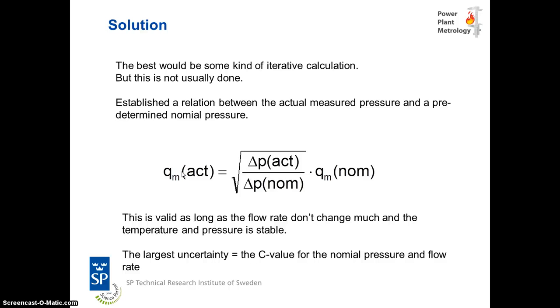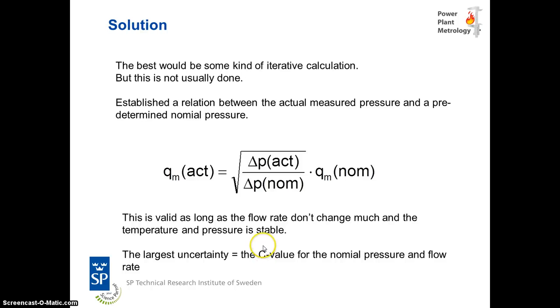So what they have done is establish a relation between the measured pressure and the nominal pressure. You measure the pressure and divide it by some nominal pressure, and to this nominal pressure you have a flow rate, and then you can calculate the actual flow rate. And this is valid as long as the actual flow rate is not deviating too much from the nominal flow rate.